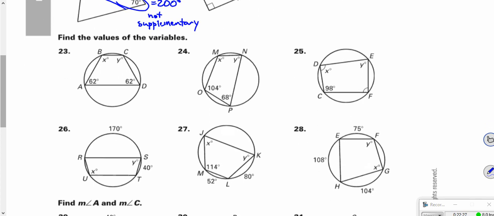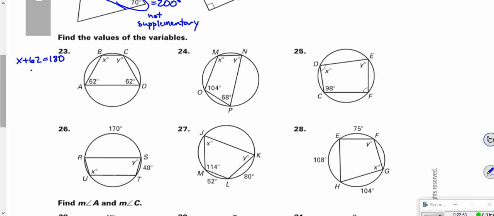Find the values of the variables. We just have to know that opposite angles, again, that's a quadrilateral inscribed in a circle or a circle circumscribed about a quadrilateral, depending on how you want to say it. So I know that x plus 62 equals 180. Opposite angles, remember, have to be supplementary.